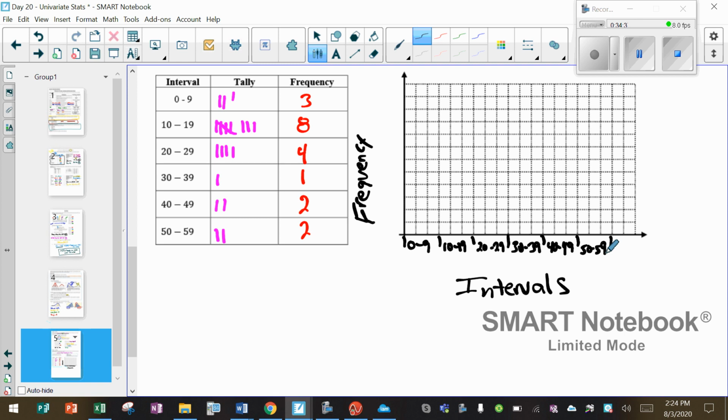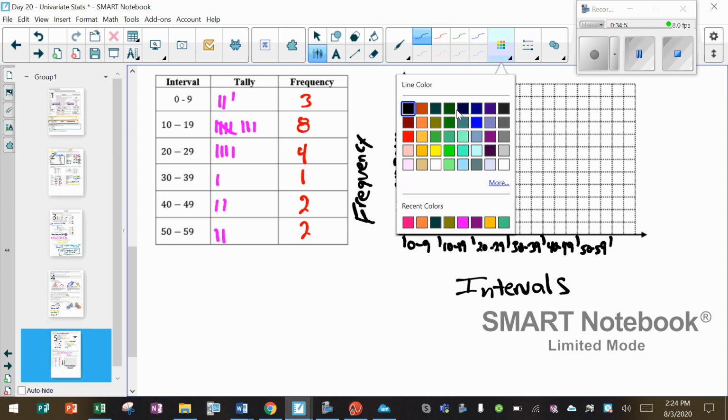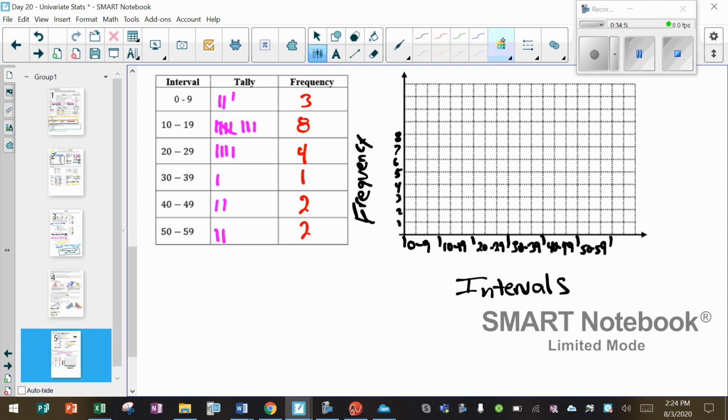Next, the frequency. My highest frequency is 8, so I need to make sure I can count up to 8. 1, 2, 3, 4, 5, 6, 7, 8. And now I make my bar graph with the bars touching, turning it into a histogram.